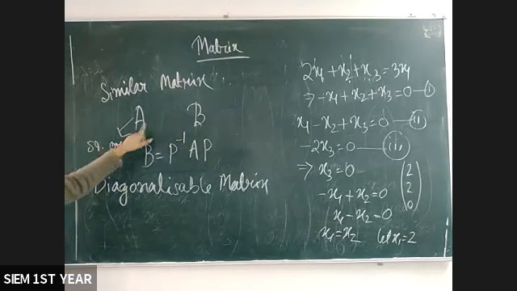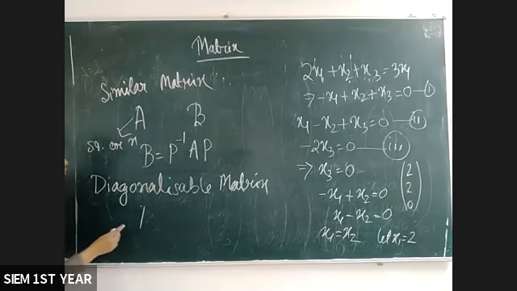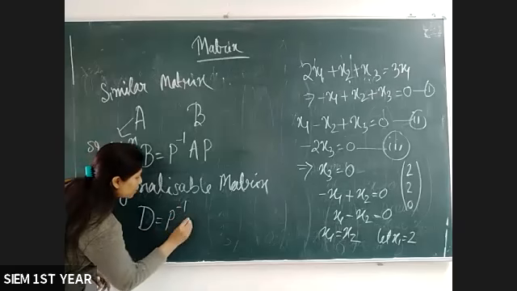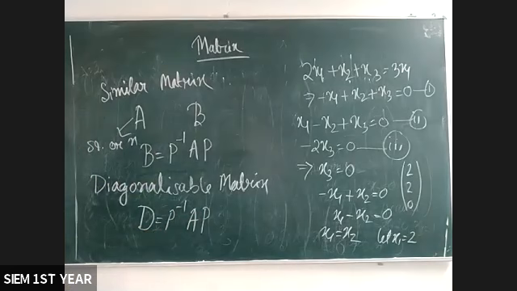Suppose the diagonal matrix is denoted by D. Then D is equal to P inverse AP, and then this is a diagonalizable matrix.